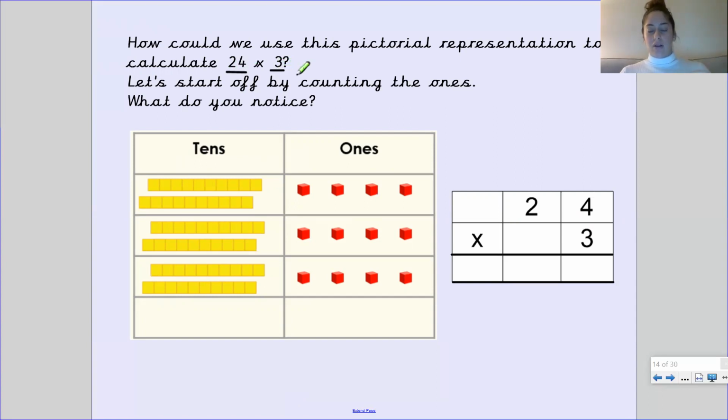So we've got 3 lots of 24, which is represented pictorially here. You can represent that on your scrap piece of paper or on your whiteboard. I don't need to see it on Tapestry, it's just practice. And then have a go at calculating the total answer and see what you notice. Play the video once you're ready.